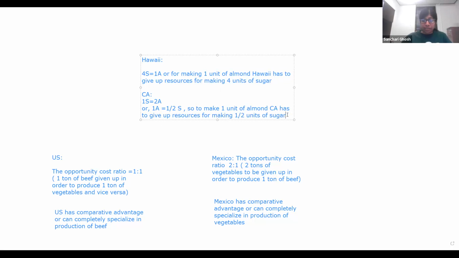So obviously, it's cheaper to make almonds in CA. So even states can trade with each other. And so CA has a comparative advantage in making almonds.